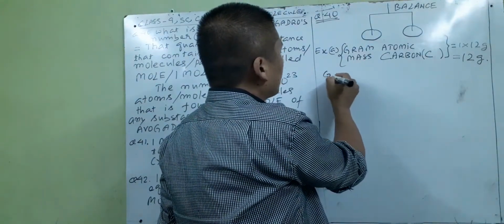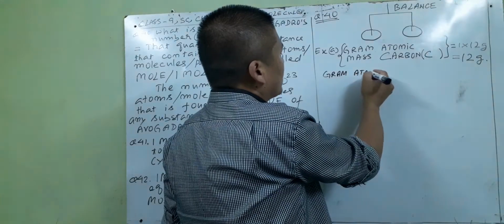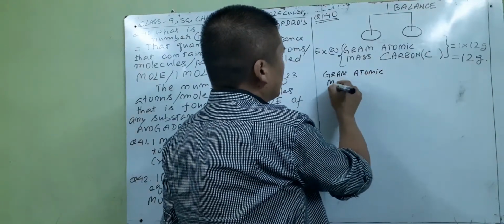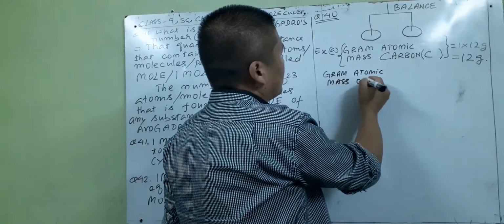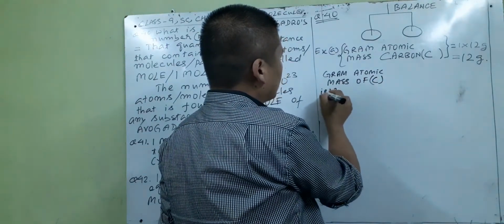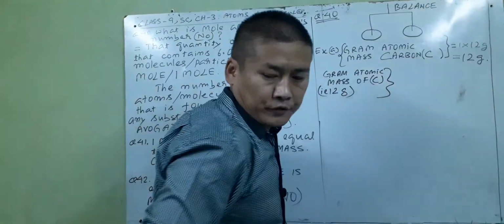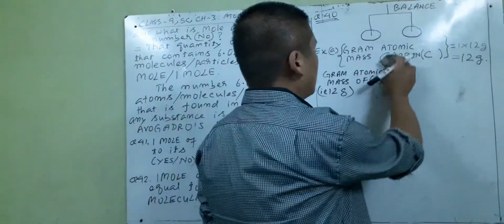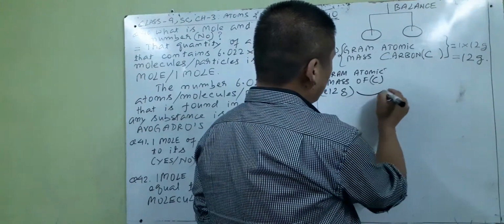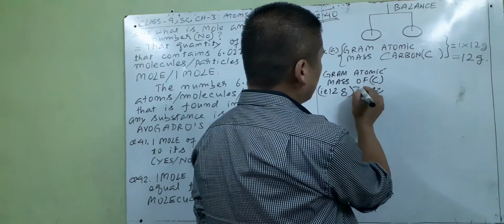The gram atomic mass of carbon, just now we found it to be 12 grams, right? Let us say this is the picture of what you have taken. These are carbon atoms, exactly 12 grams here.